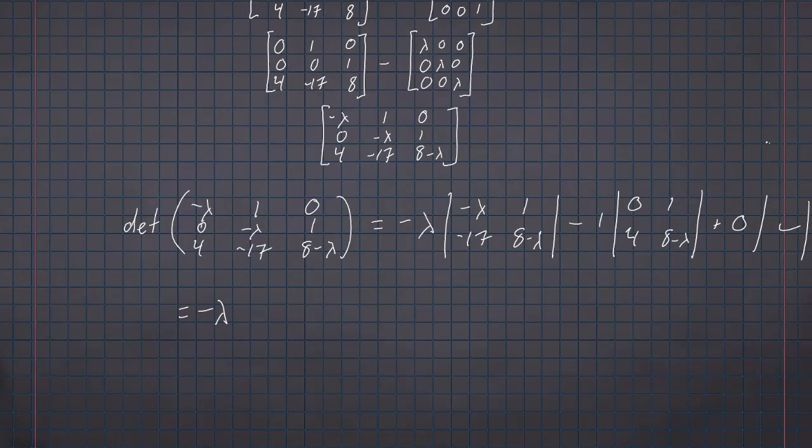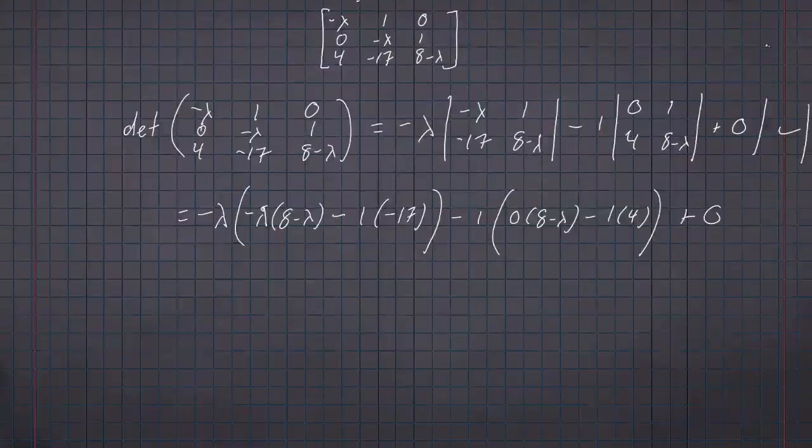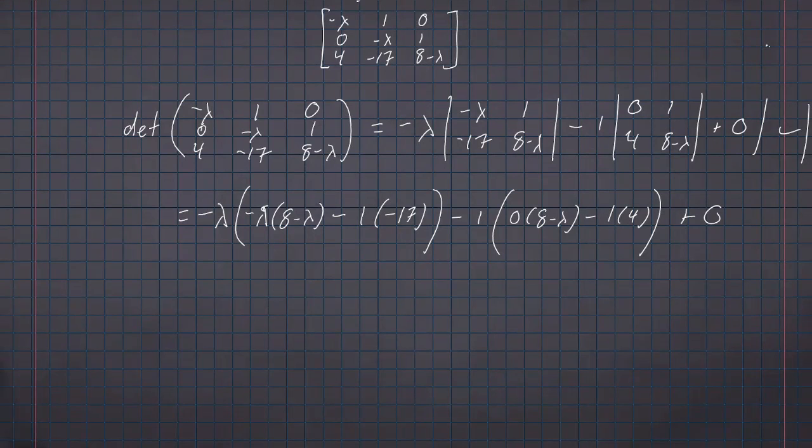All right, so negative lambda times 8 minus lambda minus 1 times negative 17. Then it'll be minus 1 times 0 times 8 minus lambda minus 1 times 4, and then plus 0. Couple more zeros happening here. Just cleaning up a little bit.